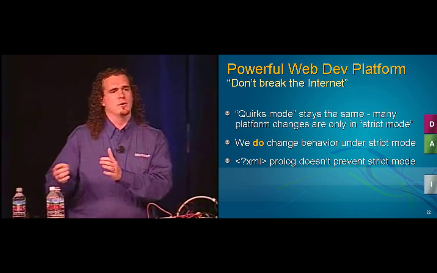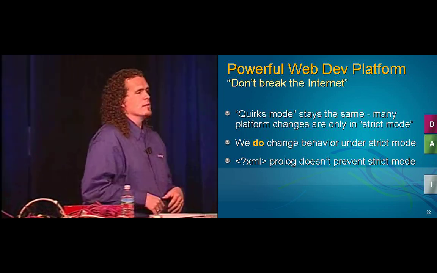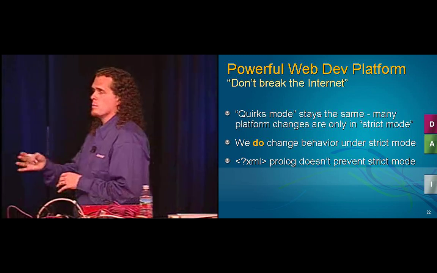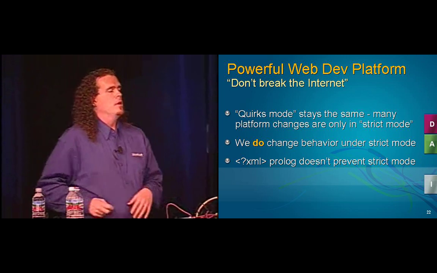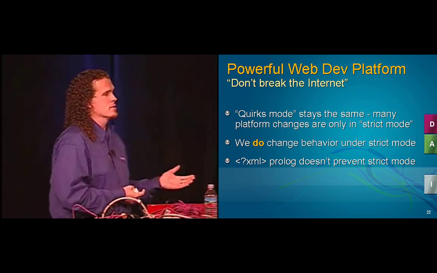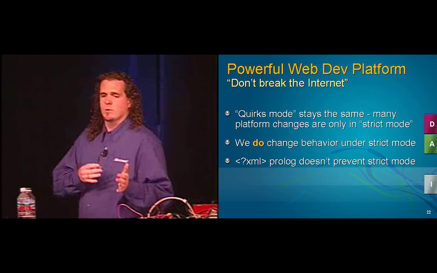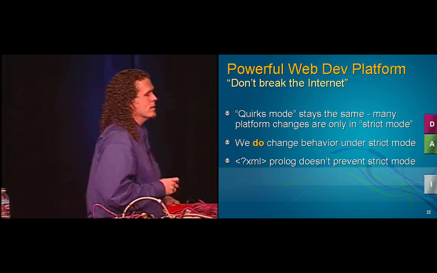They really want standards compliance. So Quirks mode, as it's called, the version of no doc type or a malformed doc type, some content that's not really valid, this stays the same. In fact, many of the changes that I'm going to talk about in just a minute are only in strict mode. These don't happen in Quirks mode. Quirks mode is largely for compatibility to us, so we try not to break it.